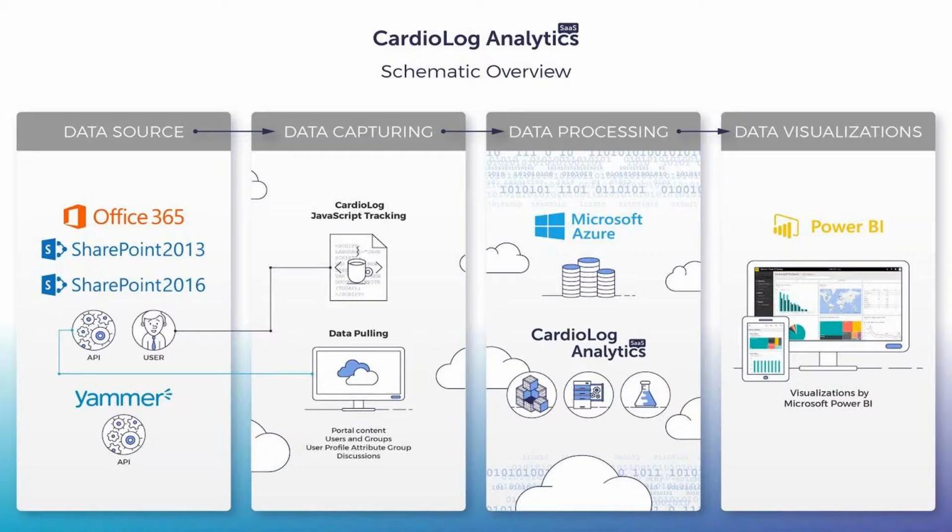Power BI is a Microsoft platform for data visualization that allows you to connect to different data sources, starting from an Excel sheet to a database, and all the way to a third-party application like ours in this case. It allows you to very easily create reports, and it has very powerful data visualization capabilities, which we'll see in just a few moments.